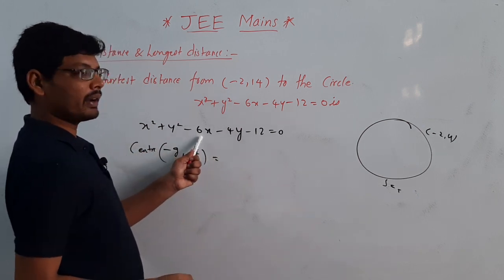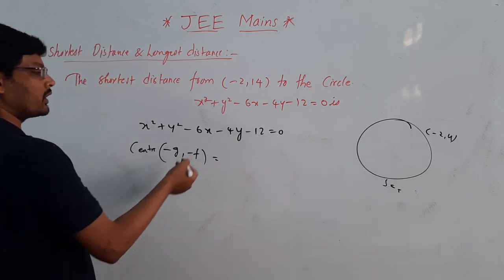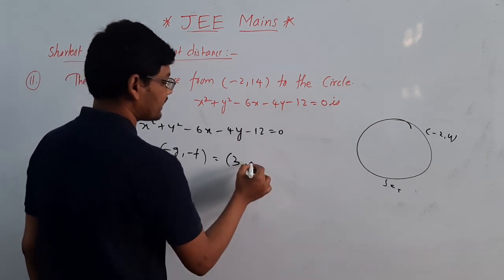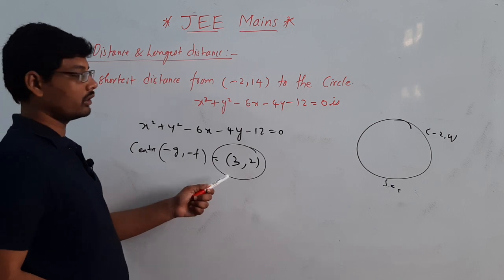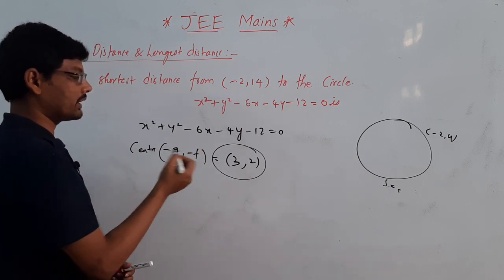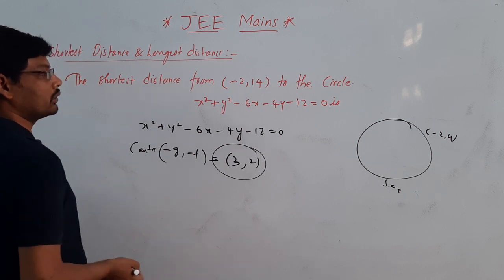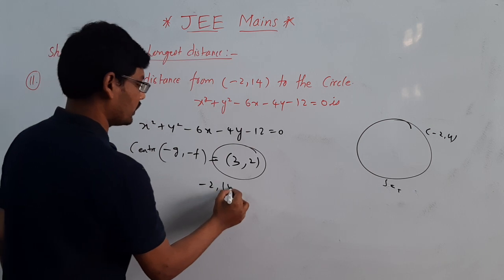Here g is −3 and f is −2, so −g is 3 and −f is 2. Directly you need to take the center; you need not solve every plus and minus sign. Practice this directly. The center is (3, 2) and the point is given as (−2, 14).